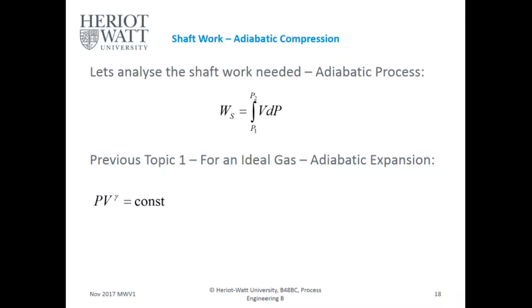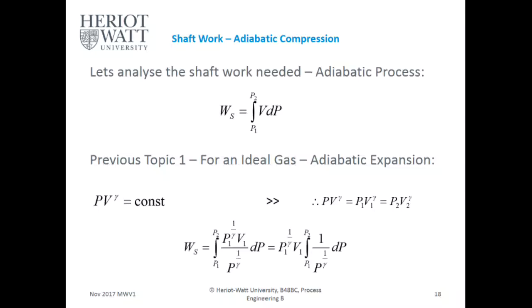So this is your ideal gas law in relation to adiabatic gases, right? Remember that. Hence, PV^gamma equals P1 V1^gamma equals P2 V2^gamma. Now, we're just going to manipulate that to get your adiabatic expansion equation. It's pretty much the same as last week.